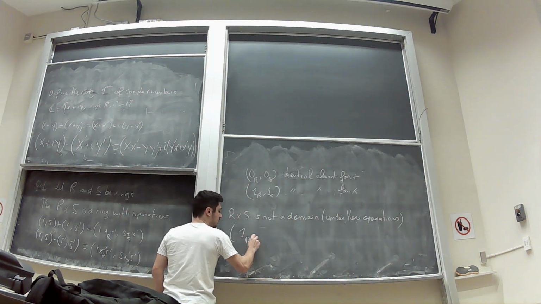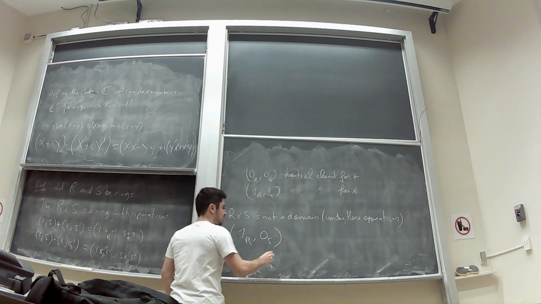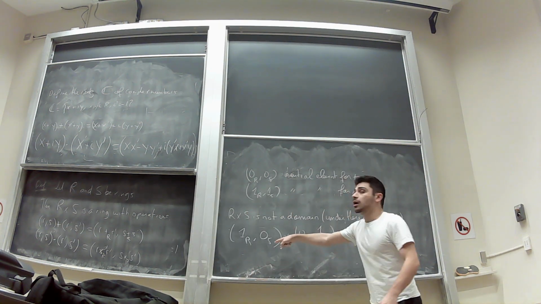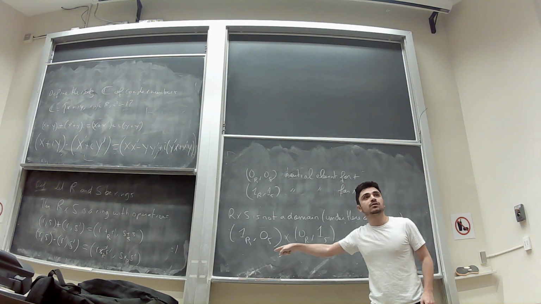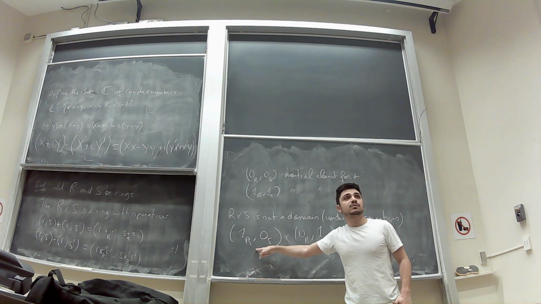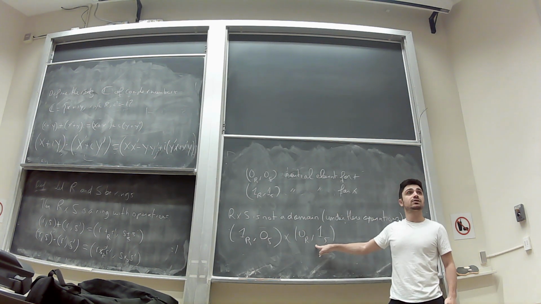Let me take (1R, 0S) times (0R, 1S). Are these 0 elements of the product? Is 1R, 0S the neutral element for addition or not? No.